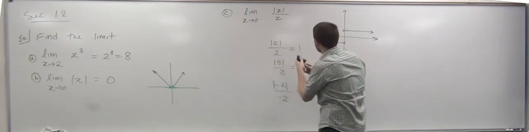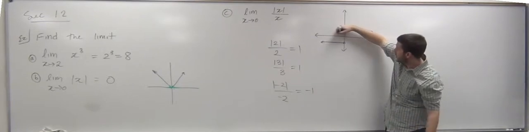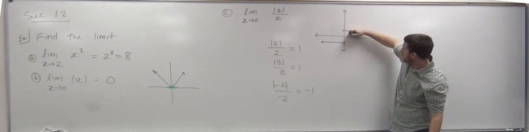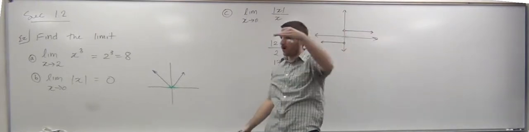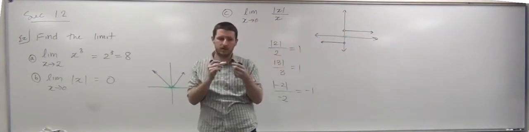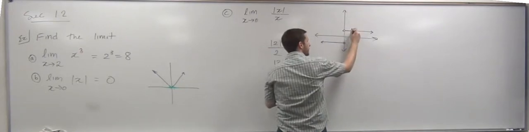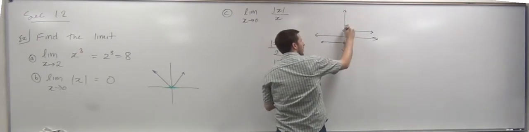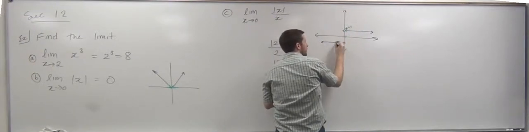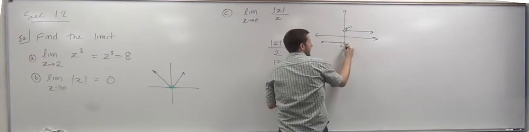So as you approach 0 on the x, what's happening on the y values? They're either going to 1 or negative 1. If you're approaching x equals 0 from the right side, you're going to y equals 1. And if you're approaching from the left side, you're going to y equals negative 1.